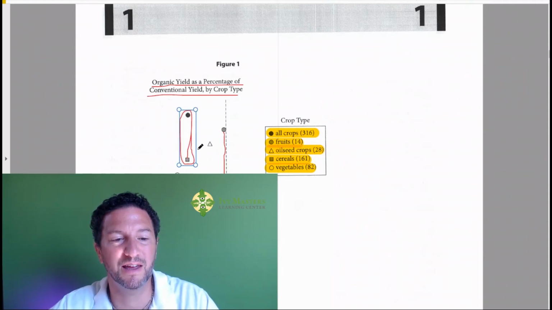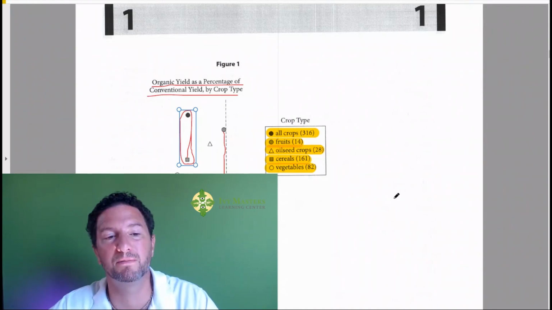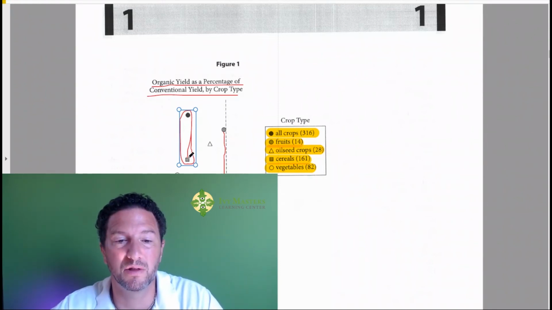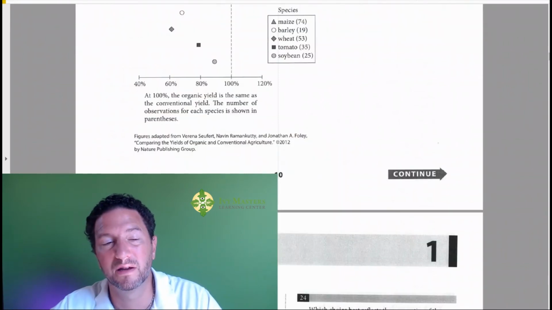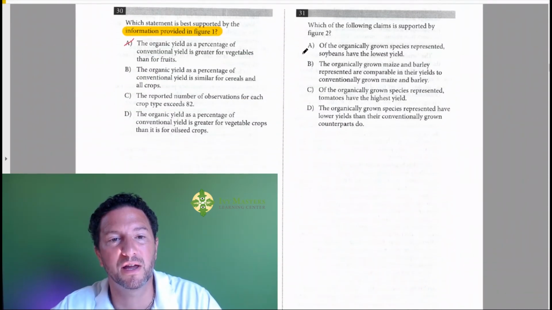So it looks like they are about the same. Looks like they're both around 70%. A lot of times students do not pick this answer because they're like, oh well, all crops is much higher than cereals. But remember, there's no vertical axis here measuring anything. There's only a horizontal axis. And if they're both around 70, then they're about the same. Looks like we have found our answer.